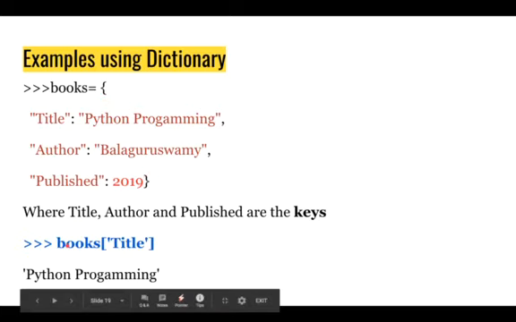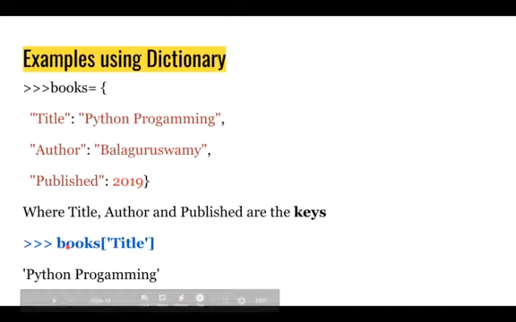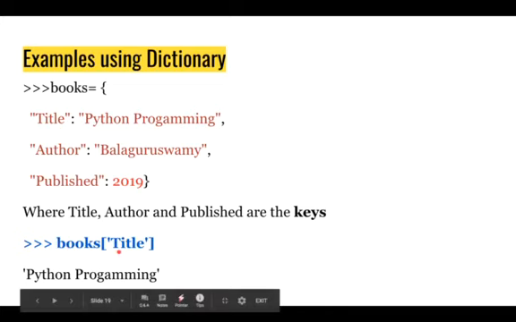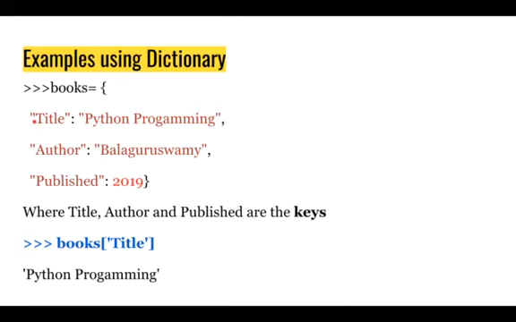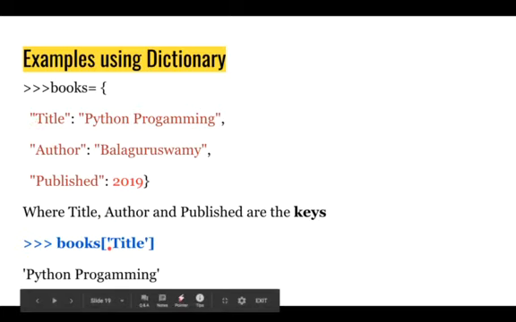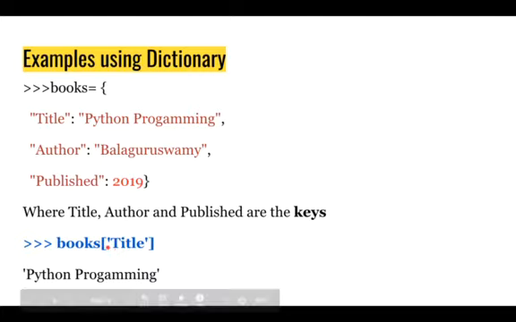In order to refer to an item in the dictionary, you need to use the key. One of the keys is title. Here I have mentioned it within double quotes. You can also use single quotes, and the same you can do here also. A key can be given within single or double quotes.